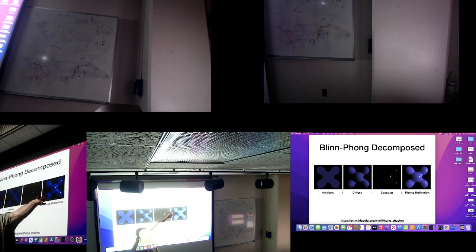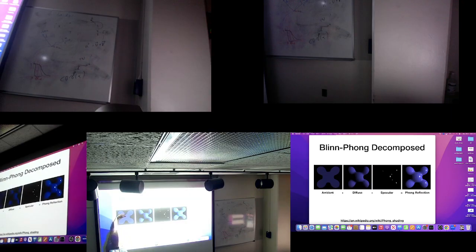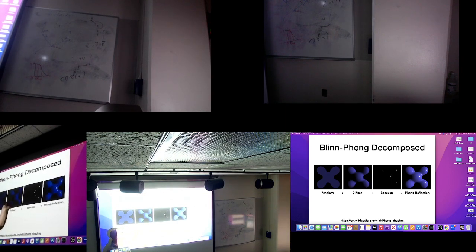A shiny shape in 3D. Here we have ambient light only. You just know its silhouette, but not its three-dimensional structure. The moment I introduce diffuse light, I can ask what the normals are at each point.